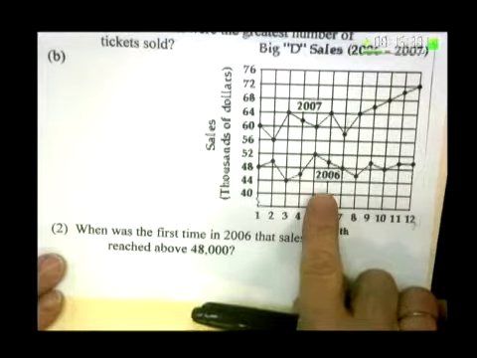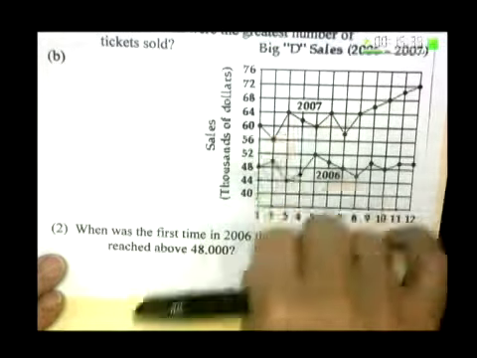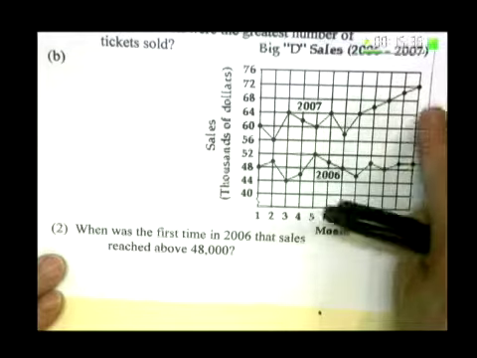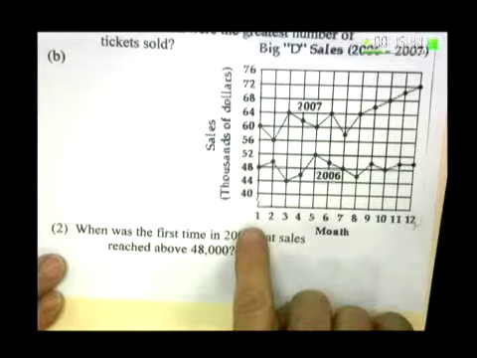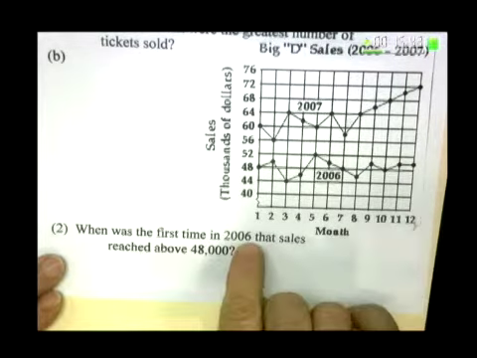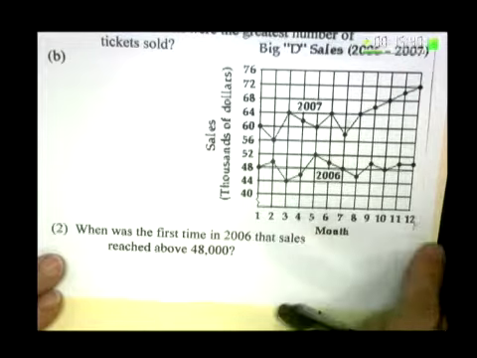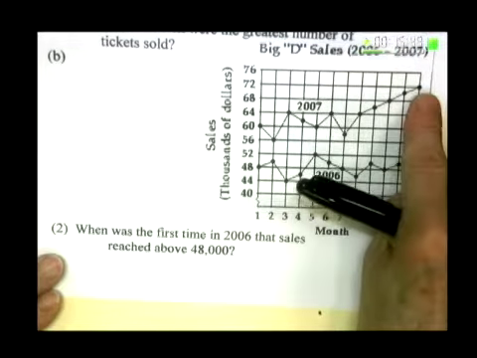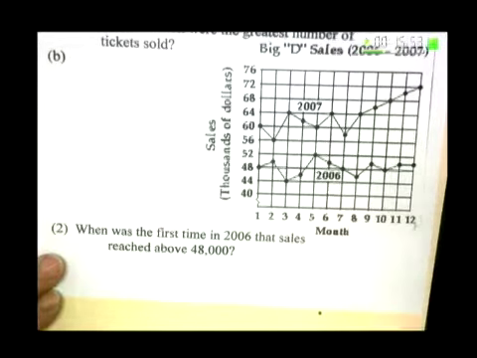And I have the year 2006, and I have the year 2007. So in this particular graph, there were more sales all the time in every single month. And I'm assuming if it goes from 1 to 12, it's from January to December. But that's just my assumption. 2007 was a whole lot better than 2006, okay, according to this graph.